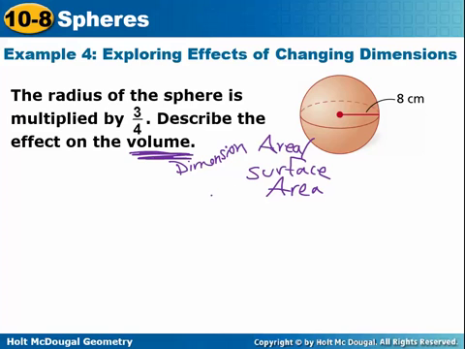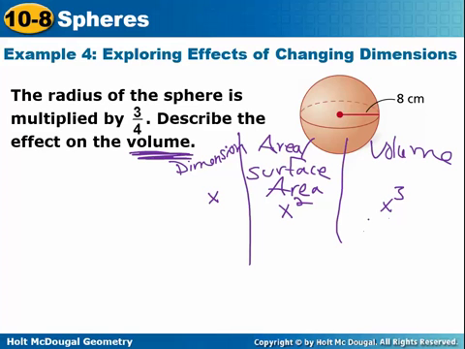If you're increasing your dimension by x, the surface area will increase by x squared. And the volume will increase by that amount cubed, to the third power. So if the dimension increases by x, the surface area increases by x squared, the volume increases by x cubed.